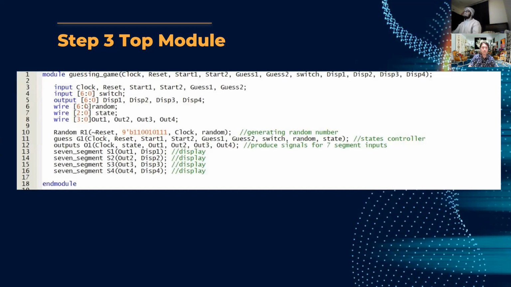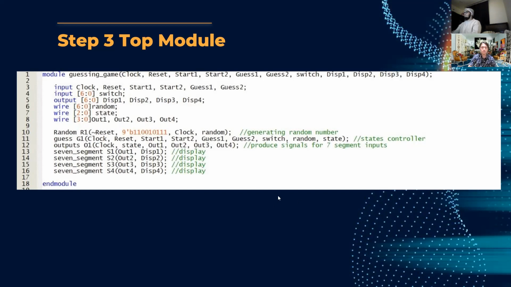The output of this machine drives the 7-segment display, which we divide into 4 displays to show phrases like low, high, nice, and play. There are also wires like random, which is the random number, and the state, and the outputs will connect the state to the 7-segment.